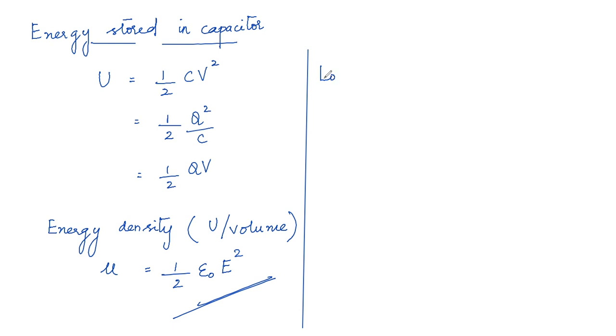And then loss of energy when capacitors are brought in combination with each other. This is again a very important concept. Energy stored in a capacitor during combination of capacitors, U minus U dash, because initial energy is always greater than the final energy.